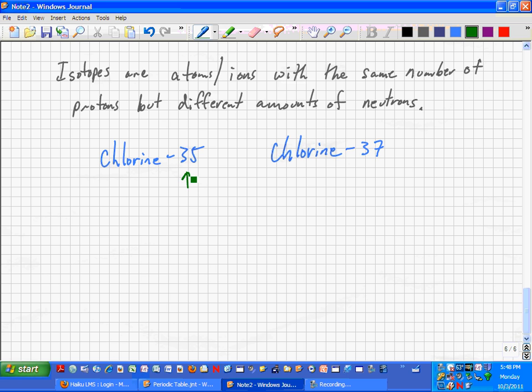This right here is a mass number. It's the way we distinguish between two isotopes of the same element.